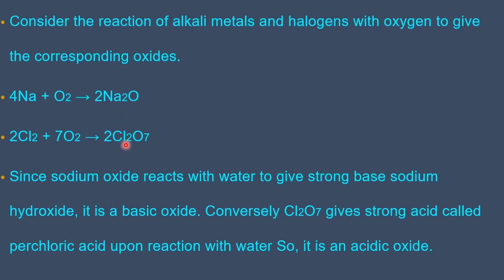Whereas, what about this oxide? This oxide in water gives acid. Which acid? Perchloric acid. Therefore, this is called acidic oxide. Extreme left side oxides, because they give base, are called basic oxides. Extreme right side oxides, because they give acid, are called acidic oxides.